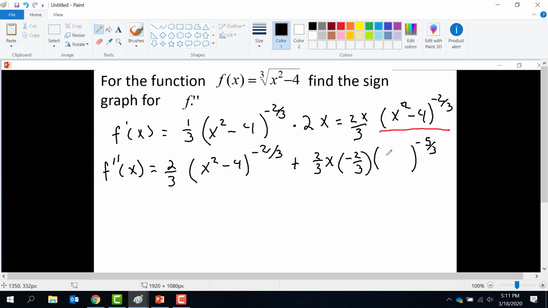Okay, and then inside here we get x squared minus 4, same inside, and then we multiply by the derivative of the inside, 2x. So my second derivative then is 2/3 times x squared minus 4 plus 2/3 x.